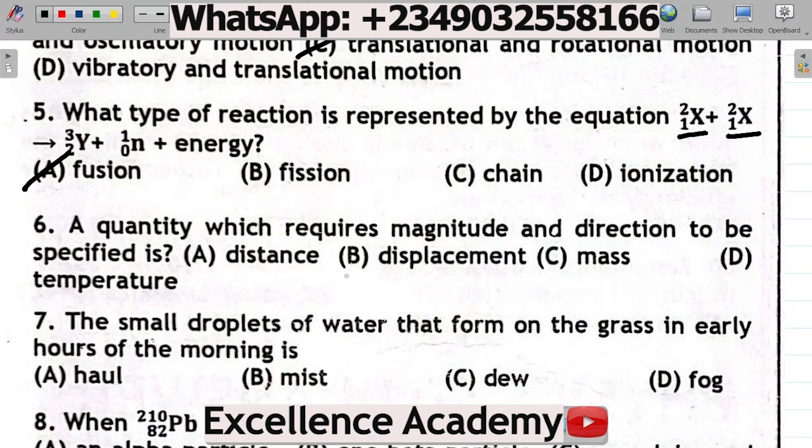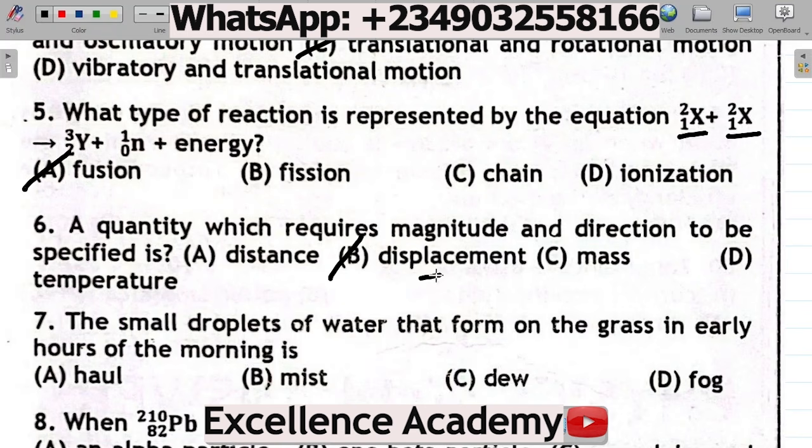The correct answer is B, displacement. Displacement is a vector quantity because it has magnitude and direction. Displacement is simply distance traveled in a specified direction.